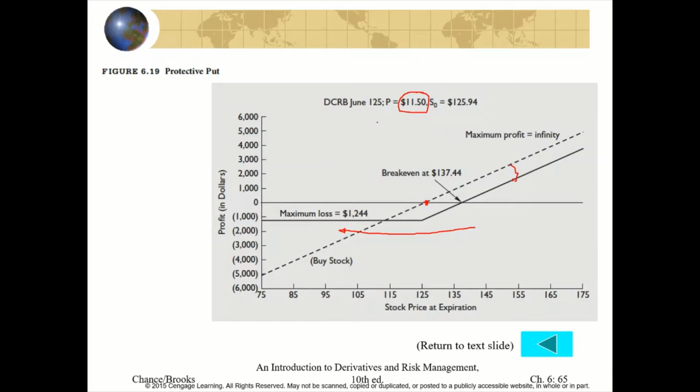Now, if we reduce from 125 the premium we paid, the maximum loss we will realize is 1,244. It cost us 125.94 to buy the stock. We are going to sell it for 125, and we paid 11.50 for every put option, so the maximum loss will be 1,244.